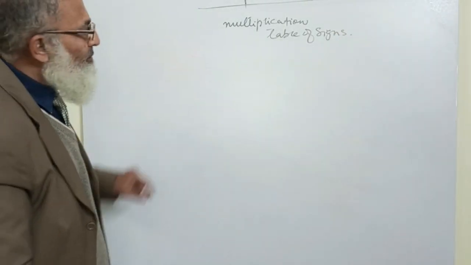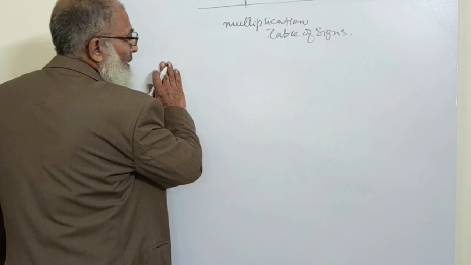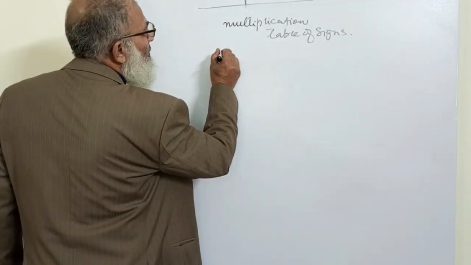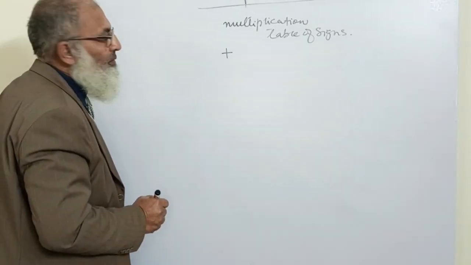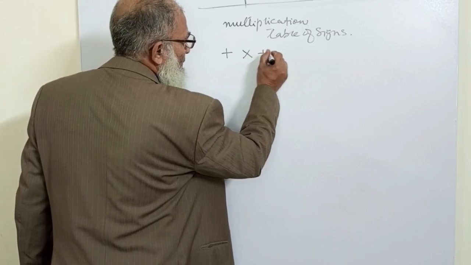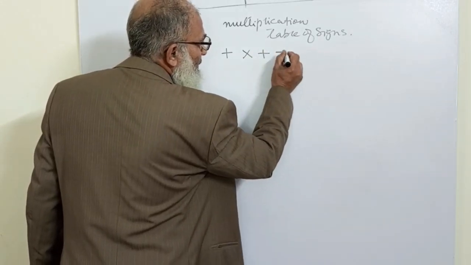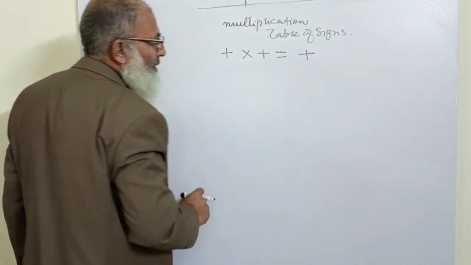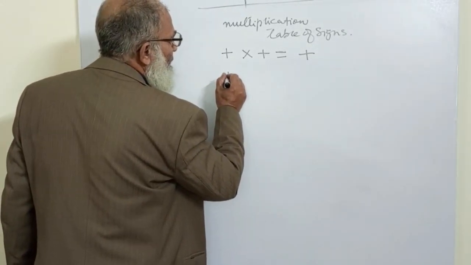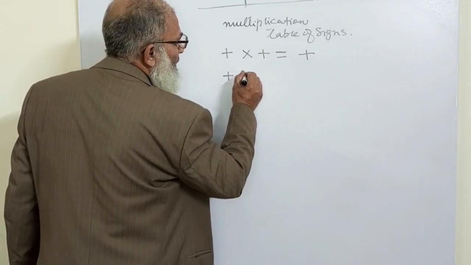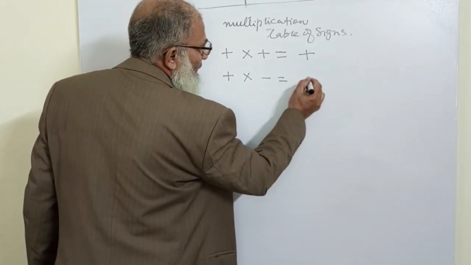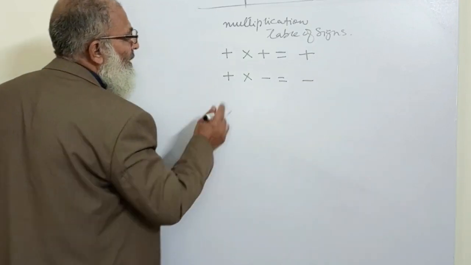Now this is very simple. You know that this is a positive sign, plus. If we multiply it with plus, we get the answer as plus. If we multiply plus times minus, we get a negative number.